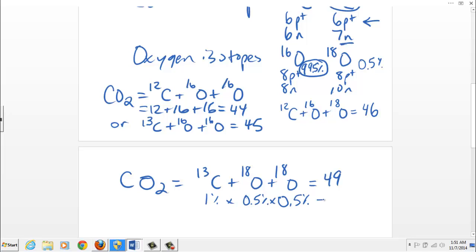If you multiply those together, that's your probability that all three heavier isotopes are going to show up in the same molecule, and that's going to be a real small percentage. That's 0.01 times 0.005 times 0.005, and let's just get my calculator out.